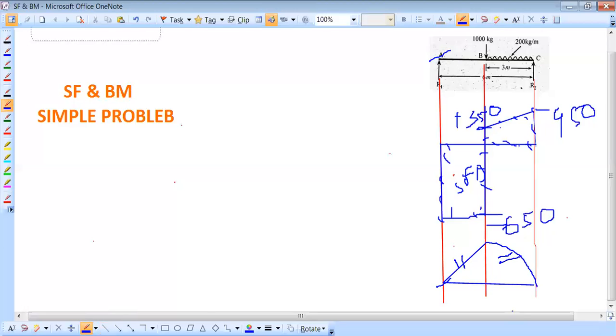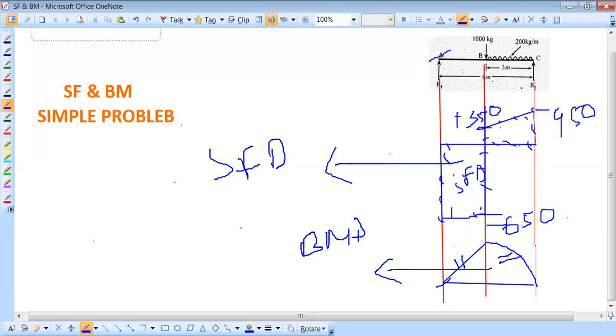So I think this is the BMD, and this portion is called the SFD. This way we can easily draw the SFD and BMD diagram. Here you can see that the SF sign changes from positive to negative, so the BM at this portion is the maximum.